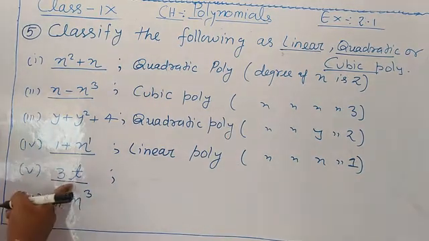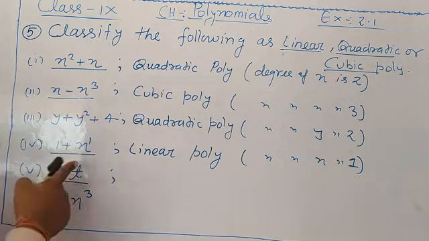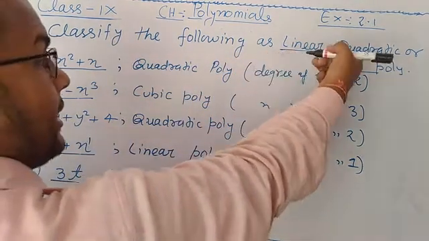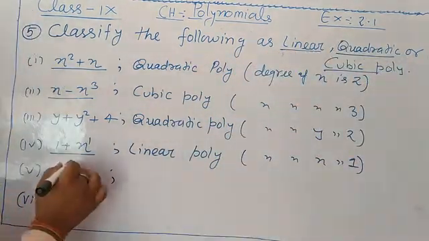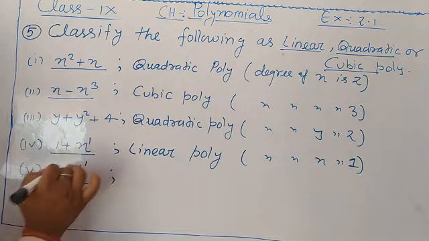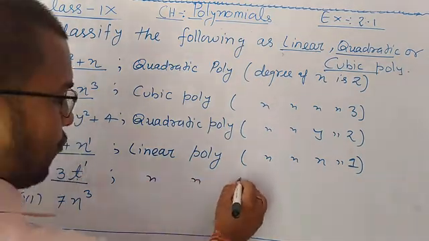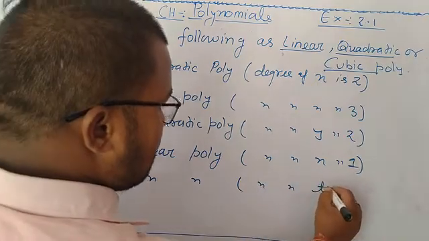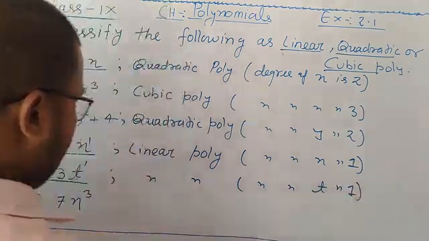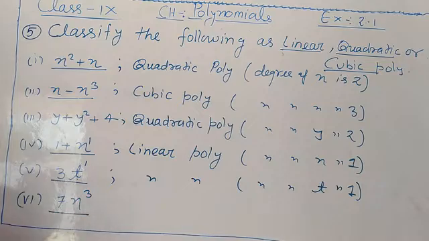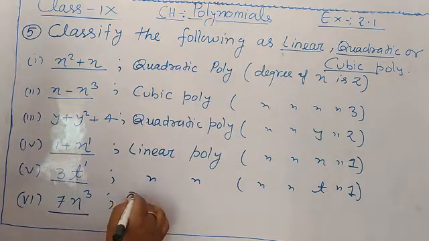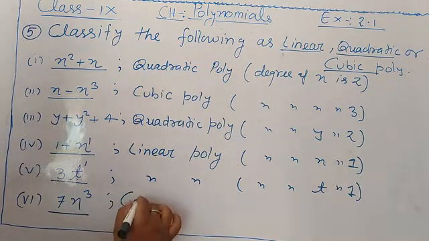A single term is called a monomial, but we define the condition as linear, quadratic, or cubic. Here t is the variable and the maximum power is 1. So this is a linear polynomial. The maximum power of t is 1. Next question is 7x to the power 3. x is the variable and the power is 3. So this is a cubic polynomial.